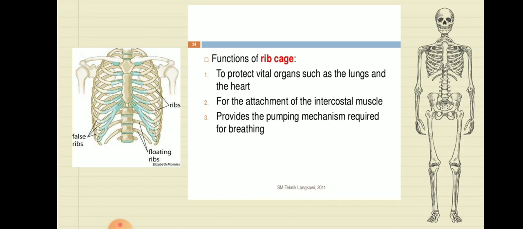It is made up of small strips of bone called ribs, and there is a long bone at the center of the chest which is known as the sternum. All the 12 ribs are attached to the sternum. The sternum is the long bone present in the center of the rib cage.